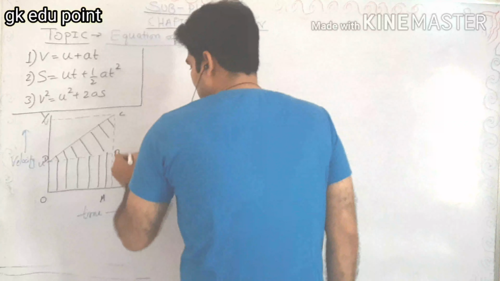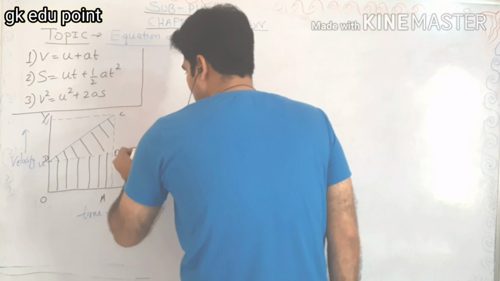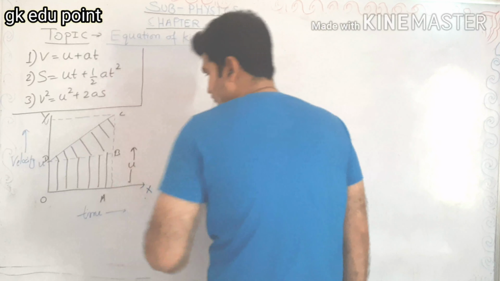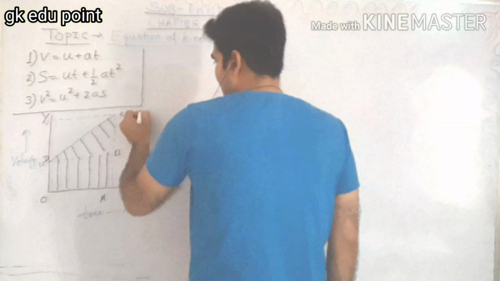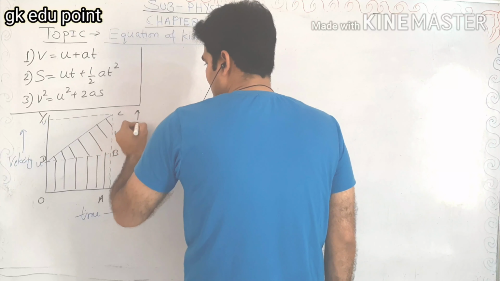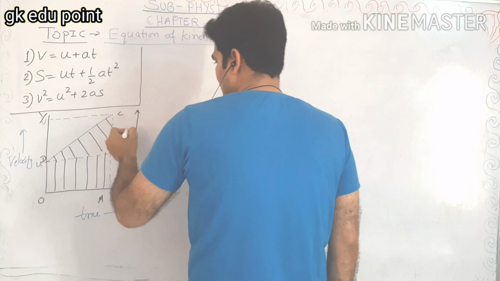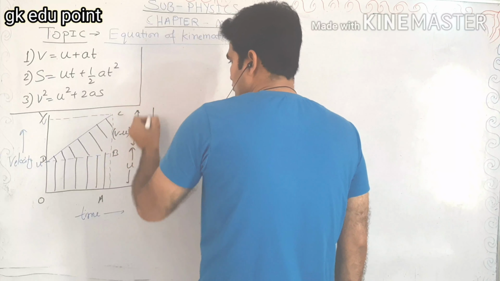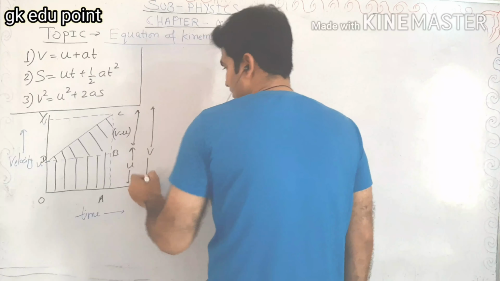Now this particular side represents u, meaning AB, and BC will represent v minus u. The total side represents v.